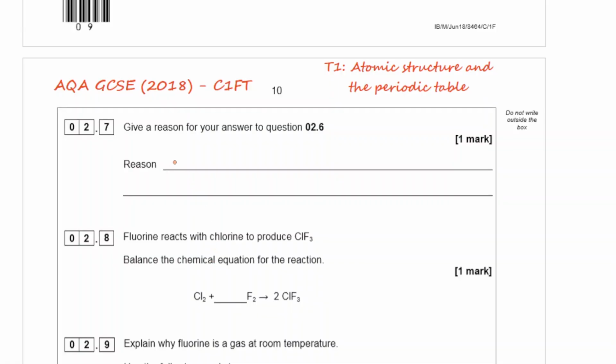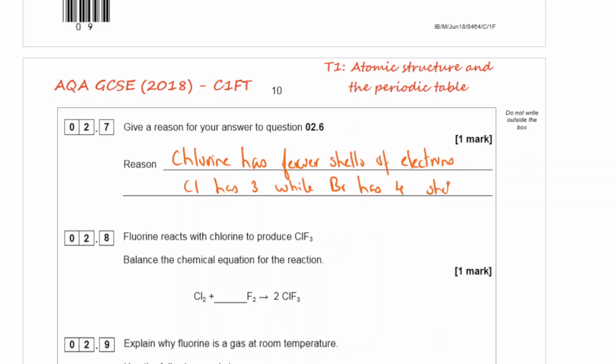So chlorine has fewer shells of electrons. Chlorine, this bit you don't really need to write, has 3, while bromine has 4 shells.